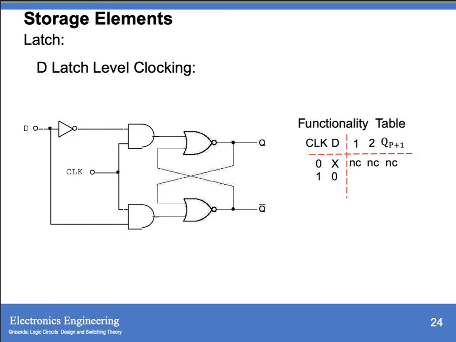If we have a clock equivalent to 1, then we have to first determine your input D. If D is 0, then the first AND gate will generate an output of 1. Since this is 1, it will generate an output here equivalent to 0, making your Q bar equal to 1.